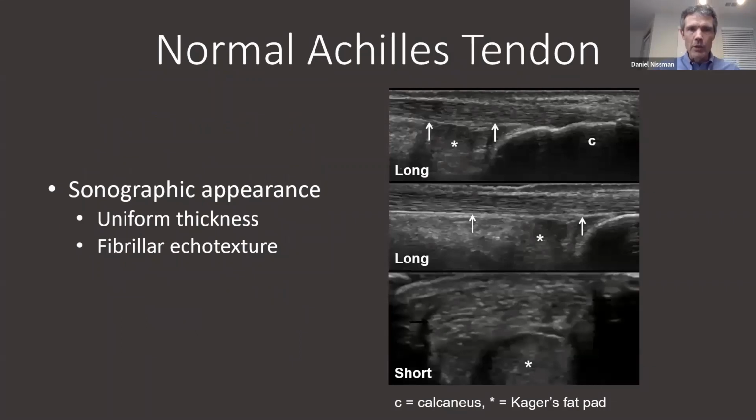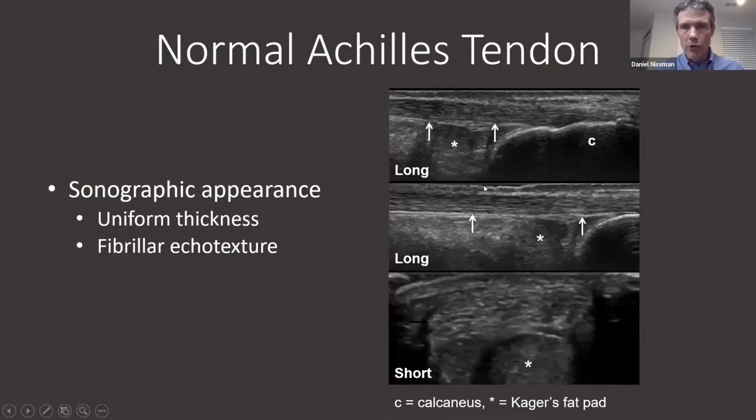Okay, so we need to understand the normal appearance of the Achilles tendon, maybe best seen here. It's a uniform thickness structure, which has this echotexture that we call fibrillar. So you can see these multiple linear hyperechoic lines in here, and those supposedly represent those highly ordered collagen fibrils.